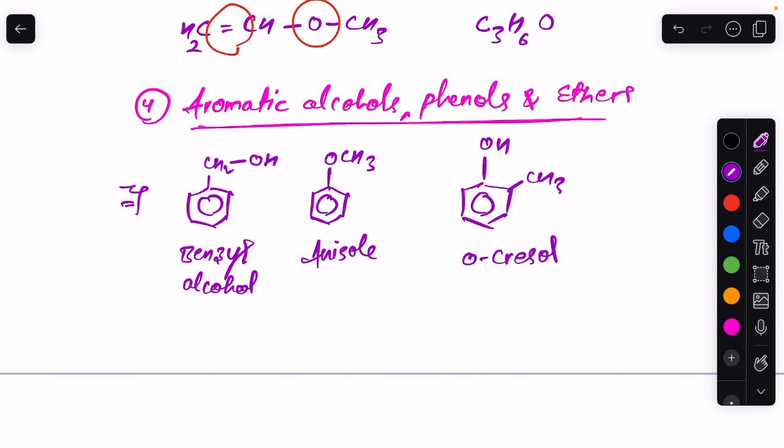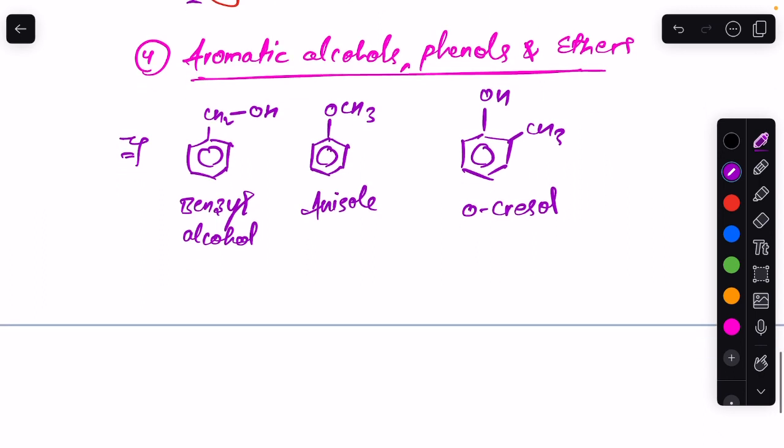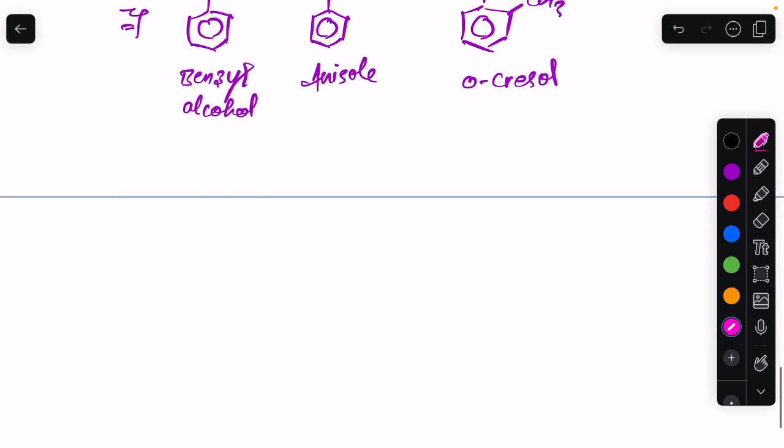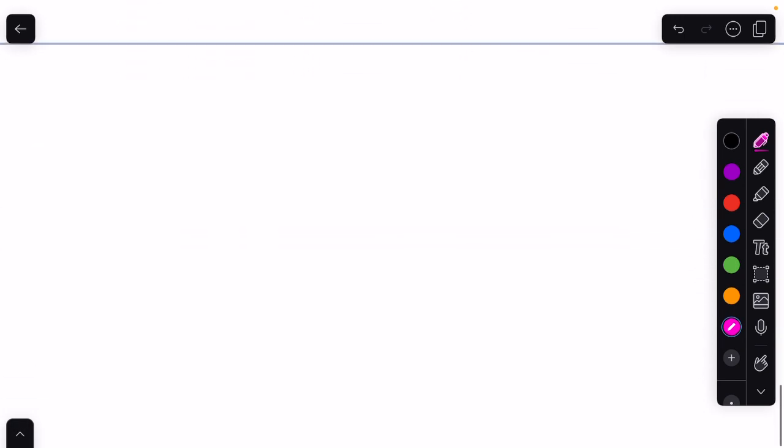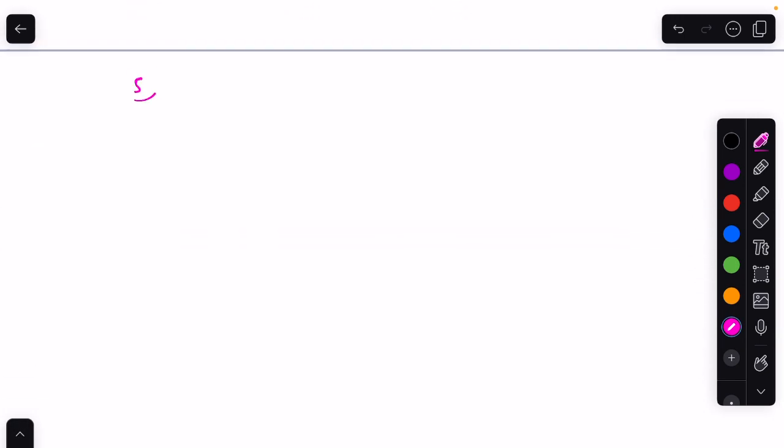So all of these are functional isomers of each other, as each contains the same molecular formula, but one is aromatic alcohol, another is phenol, and the last one is ether. Let's move on to the next, which is primary, secondary and tertiary amines.